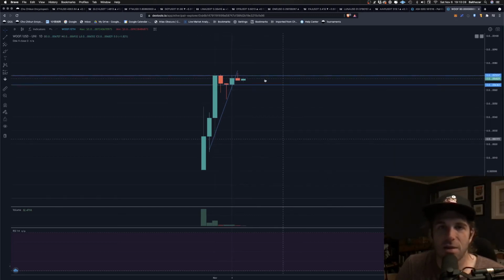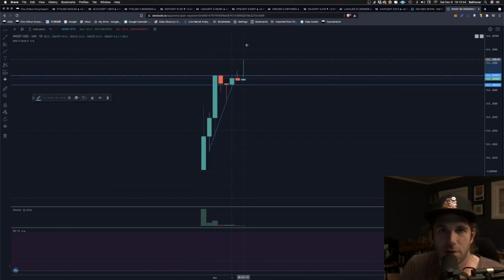And if that is the case, then I would want to be getting in if we break above this 72 level, because assuming the bull flag confirms, I want to capture whatever upside comes after that break.